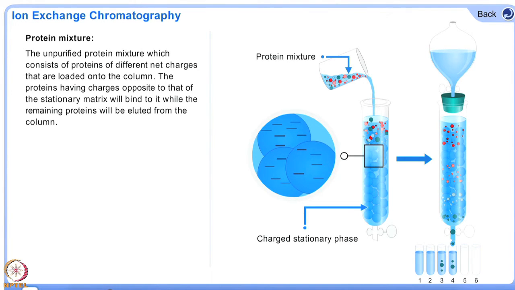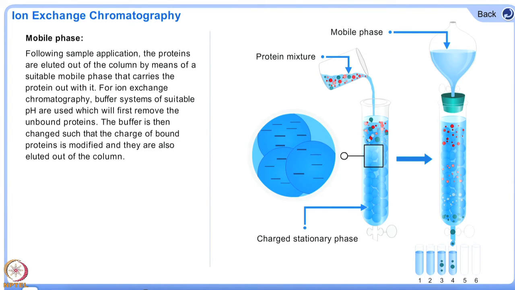Protein mixture. The unpurified protein mixture, which consists of proteins of different net charges, is loaded onto the column. The proteins having charges opposite to that of the stationary matrix will bind to it, while the remaining proteins will be eluted from the column.